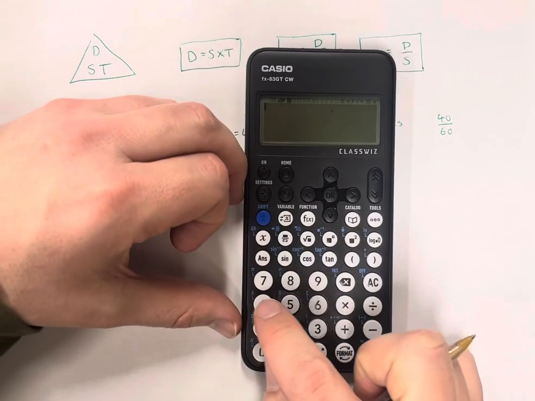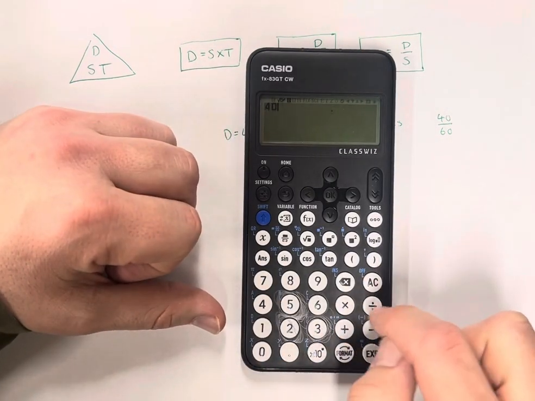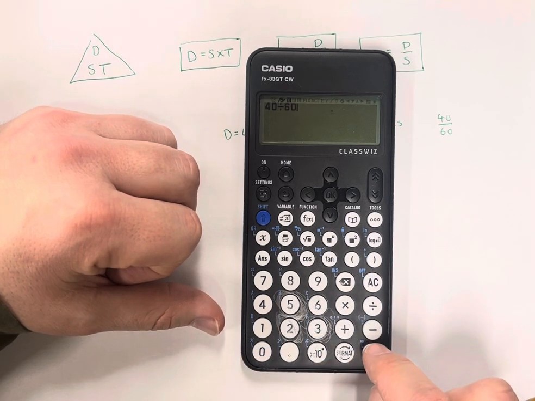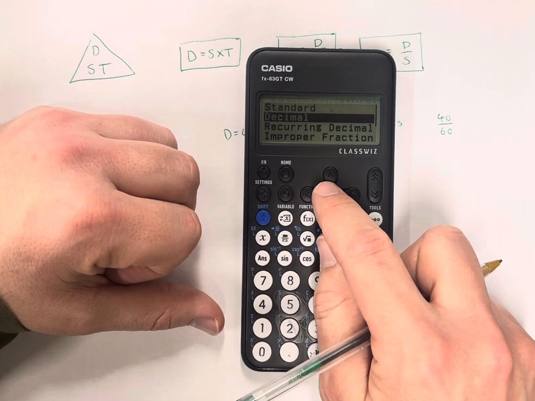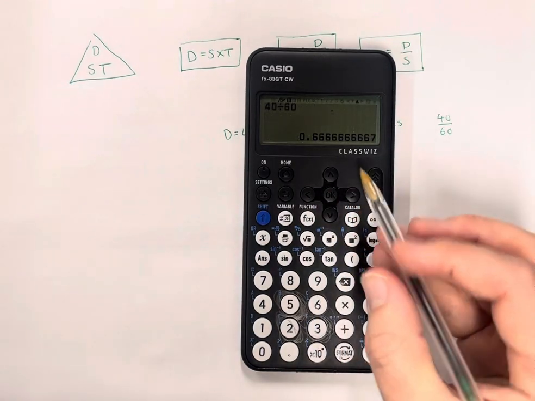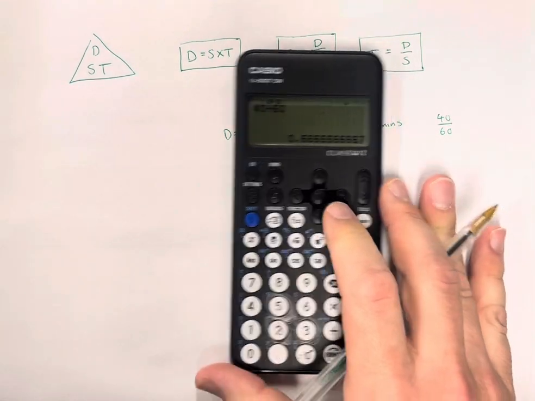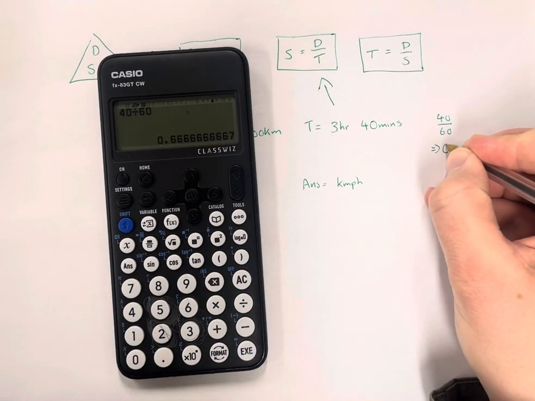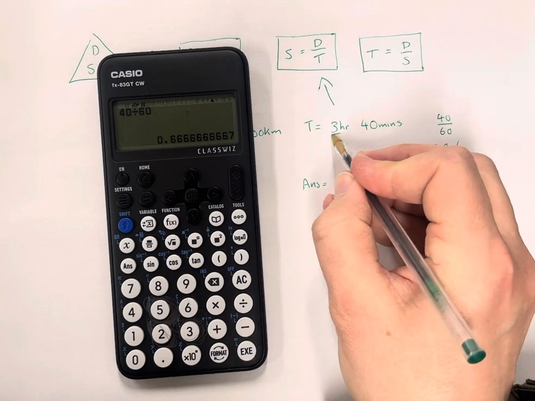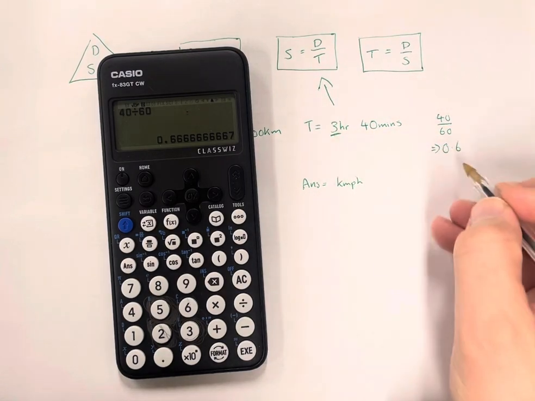So on our calculator, you do 40 divided by 60, and you press equals, and you get 2 over 3. Now we just change that to decimal, and that's 0.66666. So we'll just leave it at 0.6. So that is 0.6. Now it's 3 hours and 40 minutes, so it's 3 hours and 0.6.